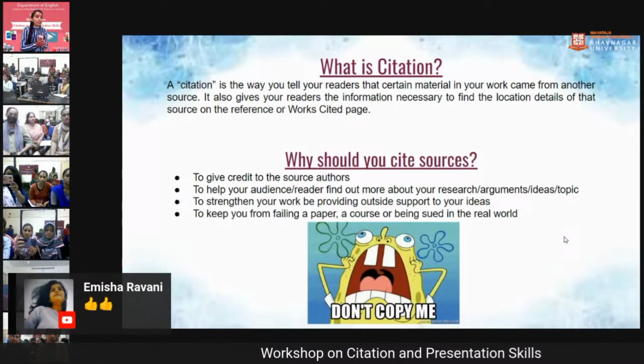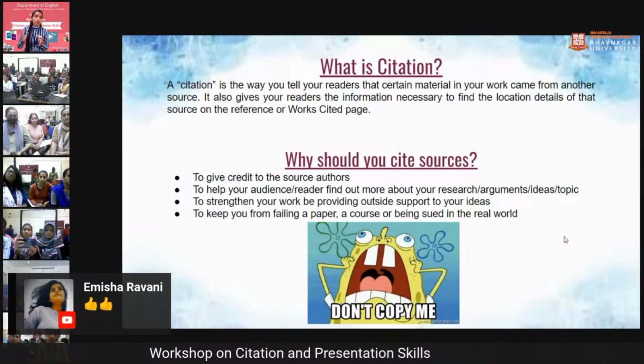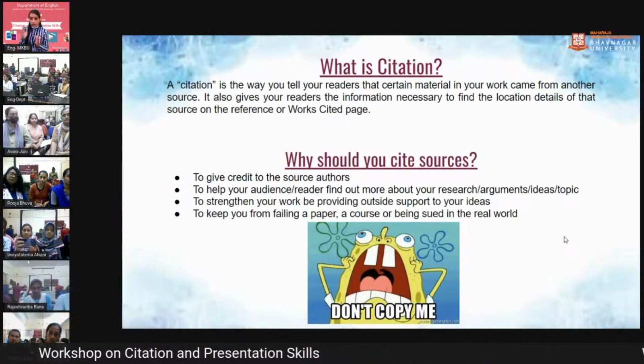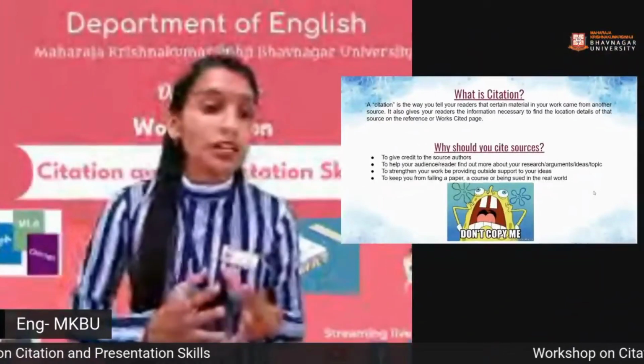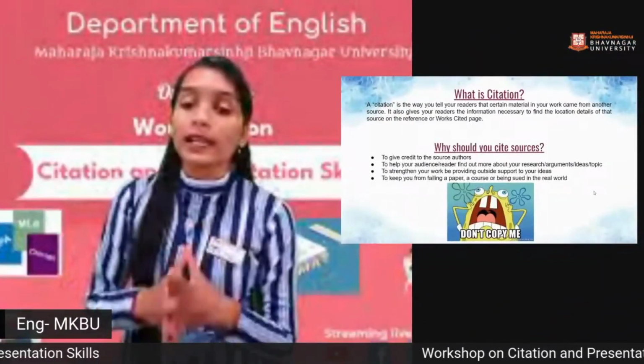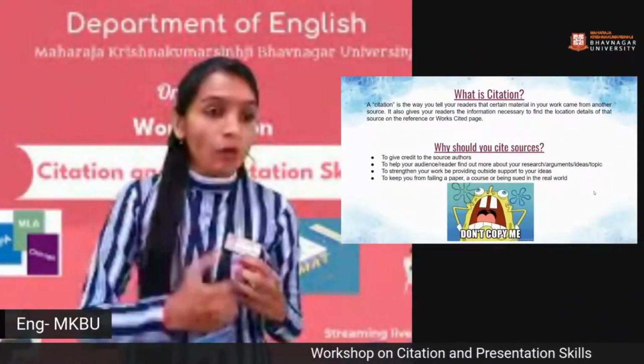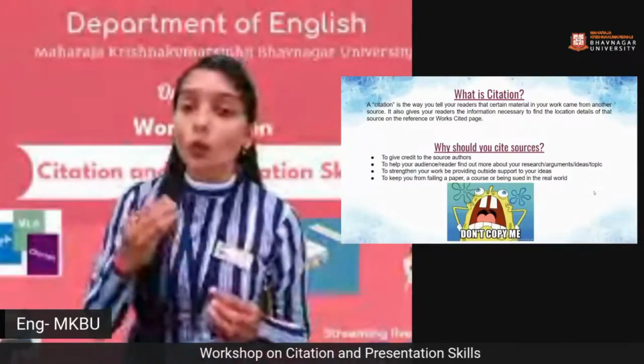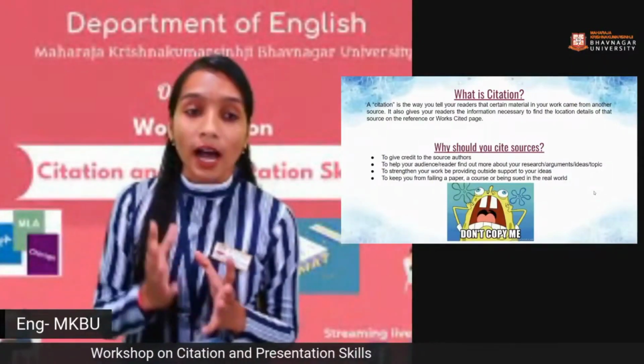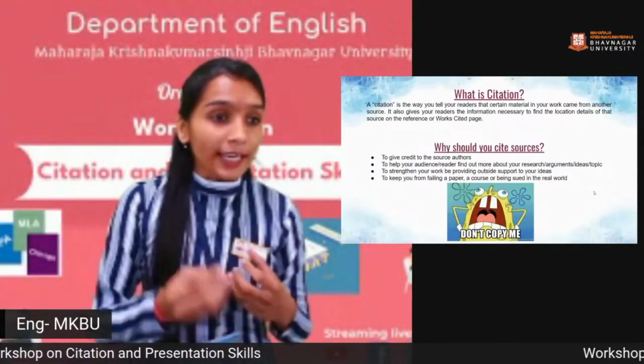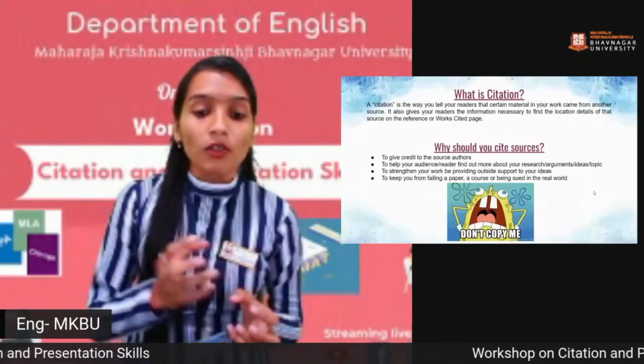We are always doing copy-paste work, even in our blogs or our presentations. But presentations are formed in such a way that we collect the arguments from other sources and we give our own argument, what we are trying to tell through all our readings and through our questions.